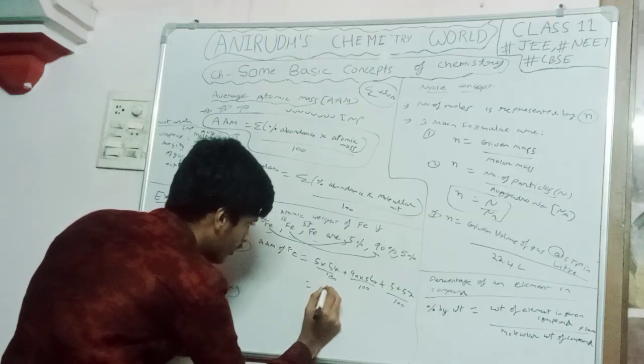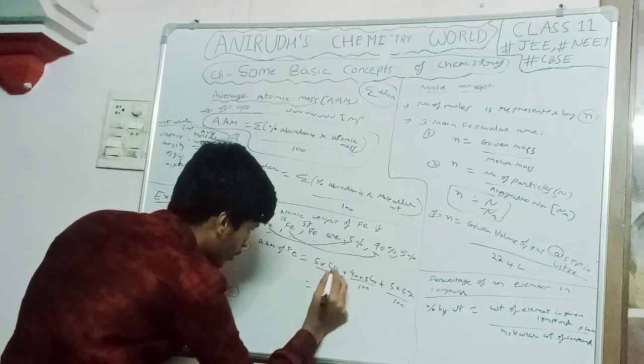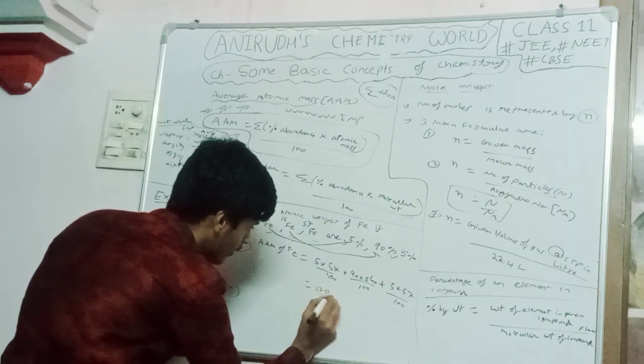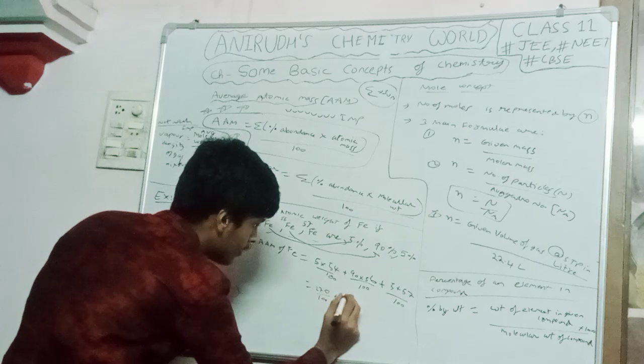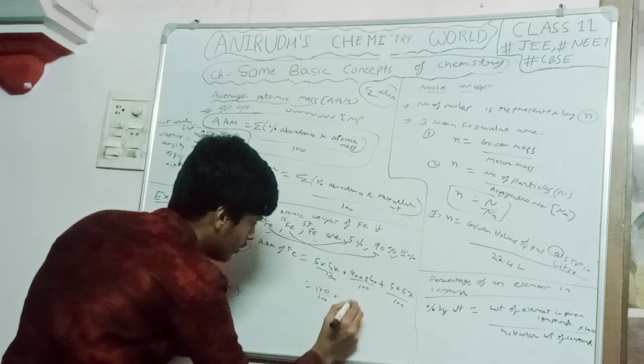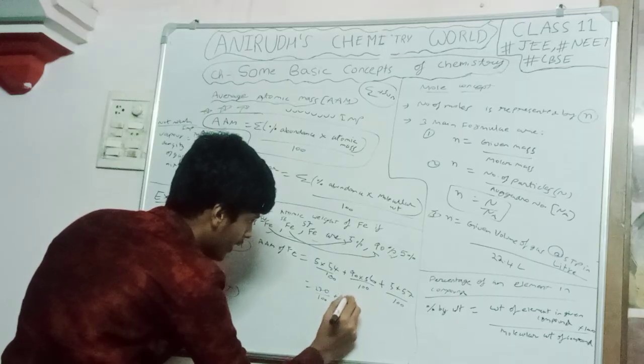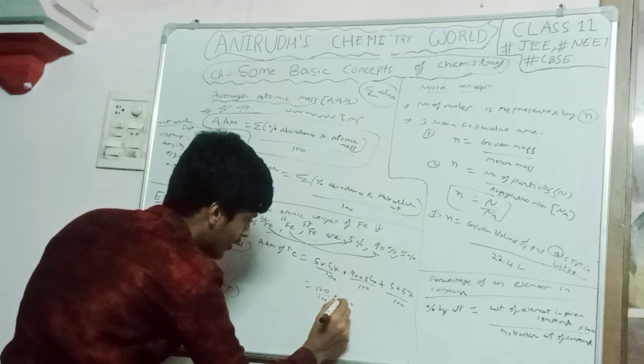5 4s are 20. You carry 2, 5 5s are 25 plus 2, 27. So 270. Then 9 6s are 54, 5 carry. 9 5s are 45 plus 5, 50.